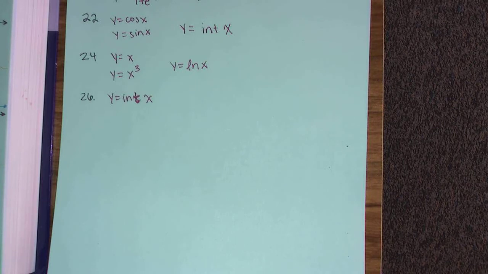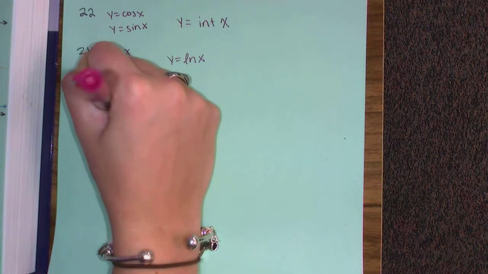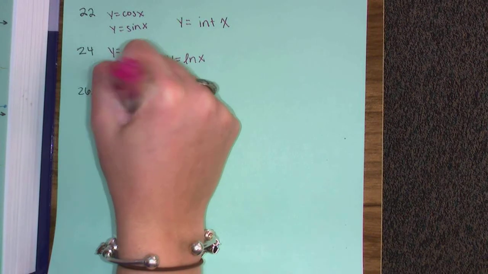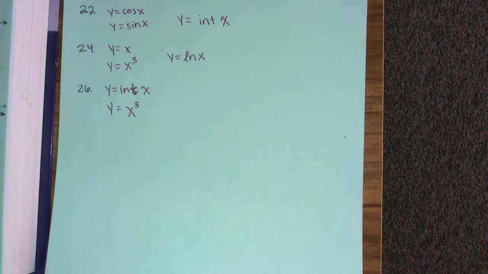So as x goes really far to the left, it's saying that its y value is going really far down. Cubing function? No. Hold on. What did you just say? Yeah. Oh, 3. No.